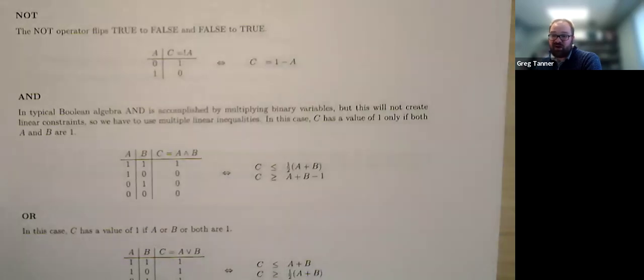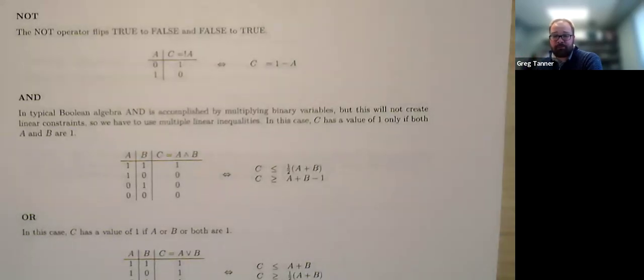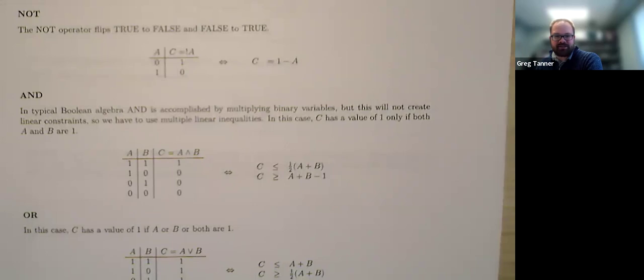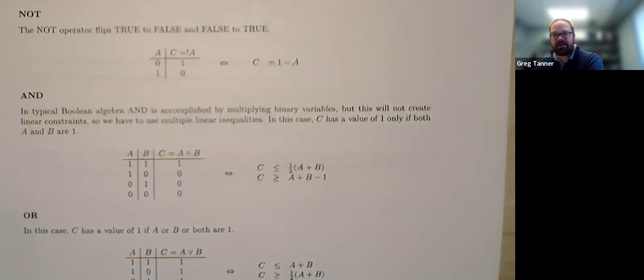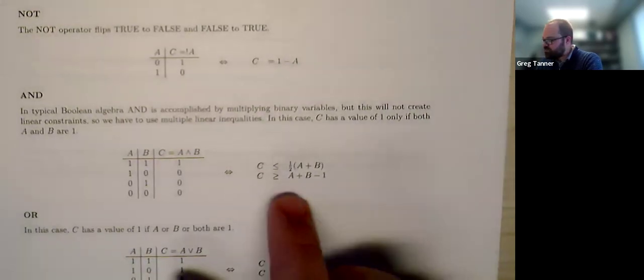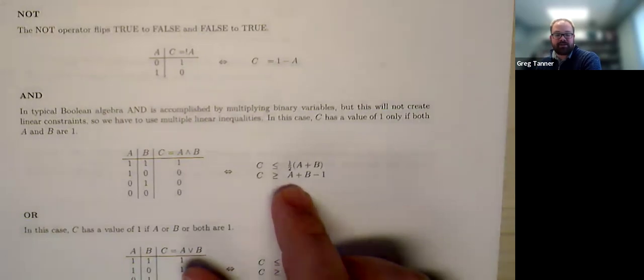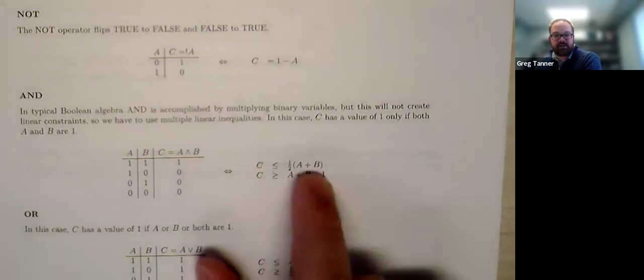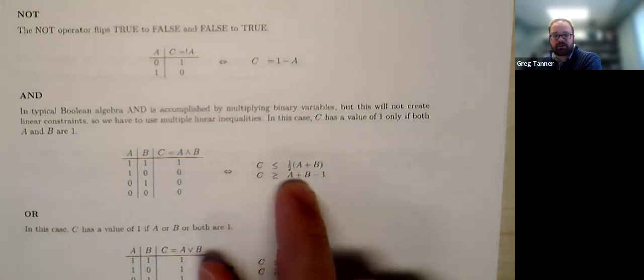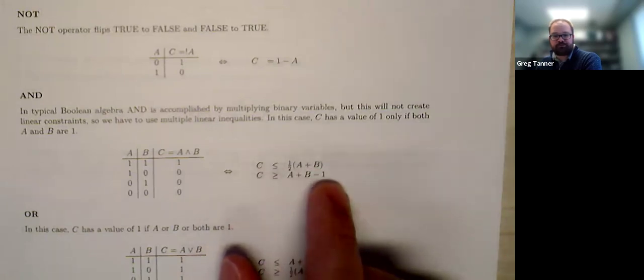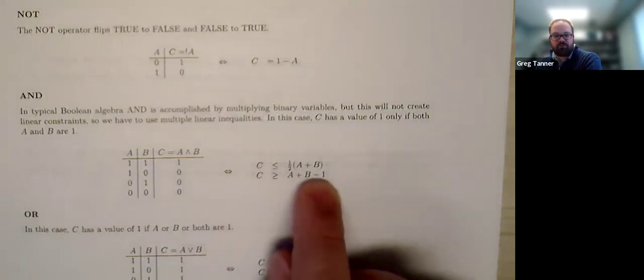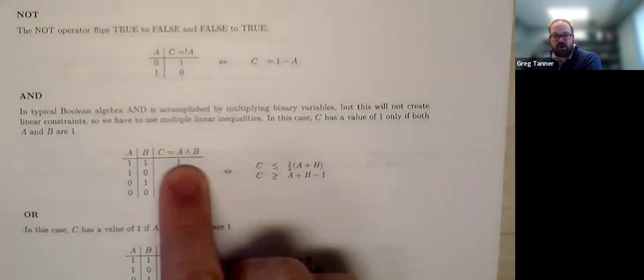But if you multiply two variables, it's no longer a linear program. And so there's this little trick where you can transform what would be a single nonlinear equality into a pair of linear equalities. And so C has to be less than or equal to the average of A and B and greater than or equal to A plus B minus 1. Okay, this second one pushes it up to be 1 here.